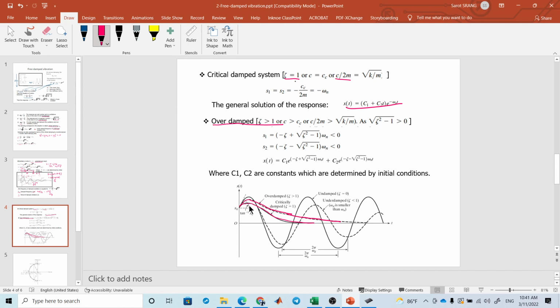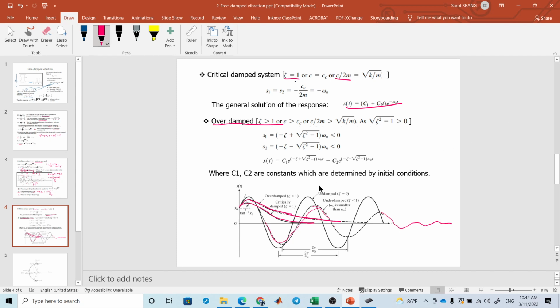So let's just review from the first case, underdamped, that has oscillation, this one. The oscillation decays, see, it oscillates, and at the same time it decays until finally it just stays at the equilibrium point, which is 0 displacement on the x-axis.